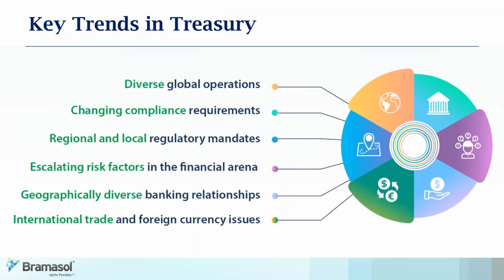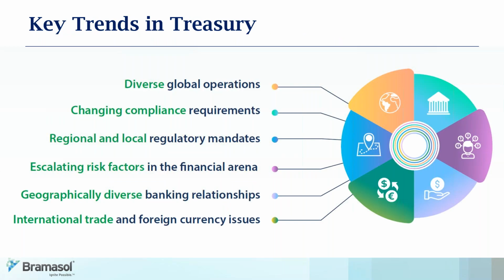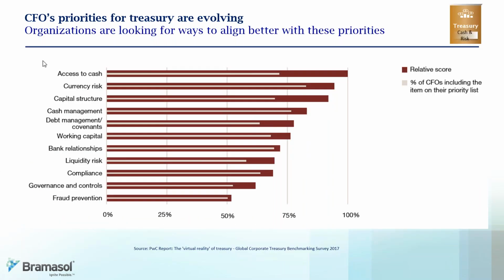So why don't we dive in to the CFO priorities. One of the reasons we're here and we're talking is because the priorities for CFOs and treasurers have really changed and evolved over the past few months or few years. And you can see here from a recent study from PwC about a global treasury benchmarking survey.